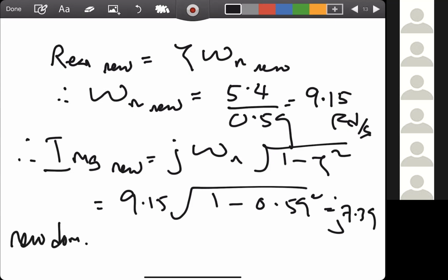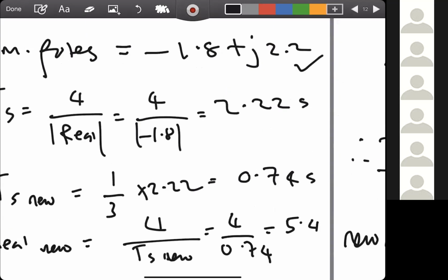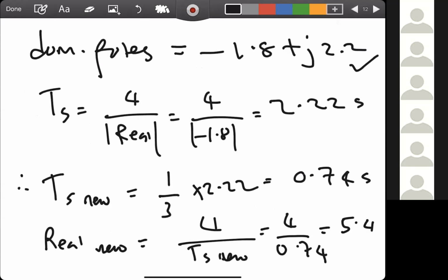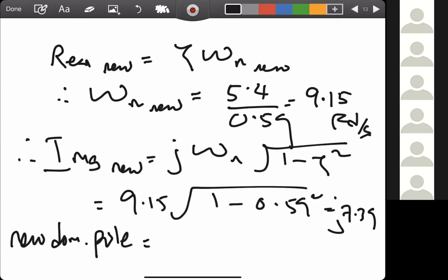Yawen, what is the new dominant pole? 1.8 plus j 7.39?